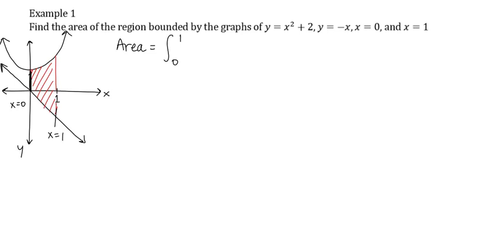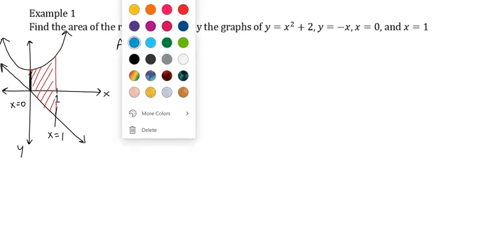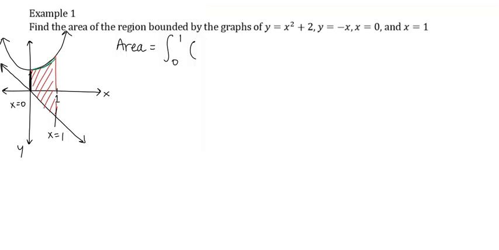Then on the inside of the integral, we are going to do the top function, which in this case is the parabola, x squared plus 2. And from that, we are going to subtract the bottom function, which is the linear function, negative x. So I'm subtracting a negative x from that, and we are going to integrate this with respect to x.